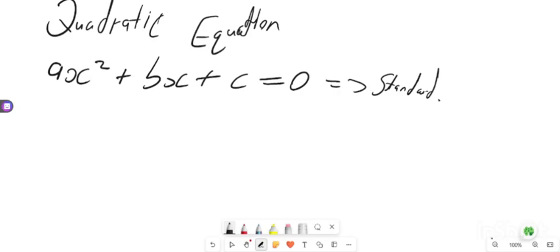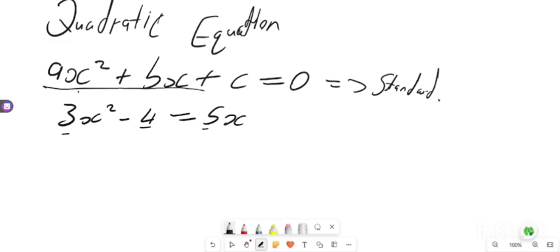In my question, let's say the equation is 3x squared minus 4 equals 5x. Even though the equation is not in the right order, we must write it in the standard form first, because in the marking it's very simple.